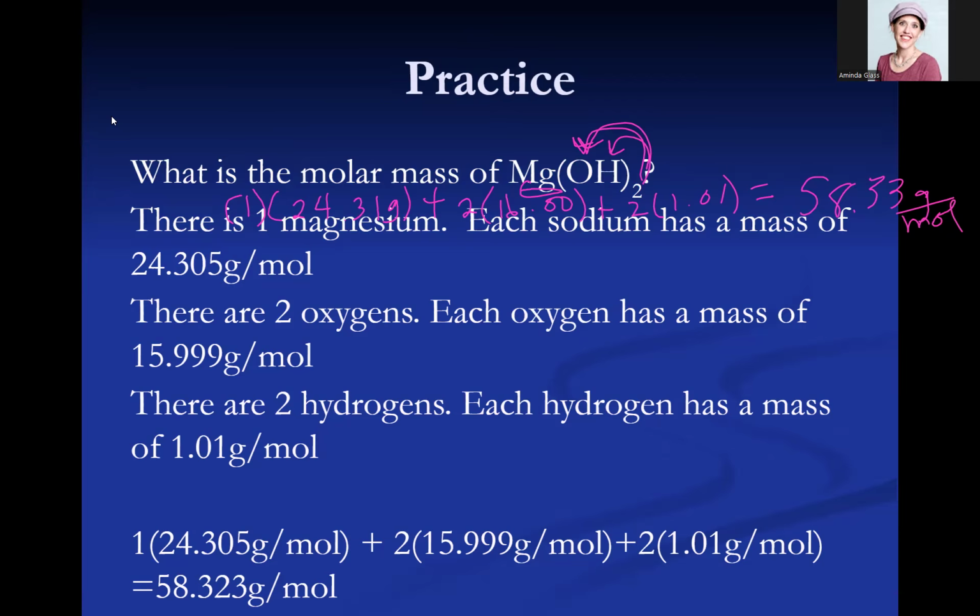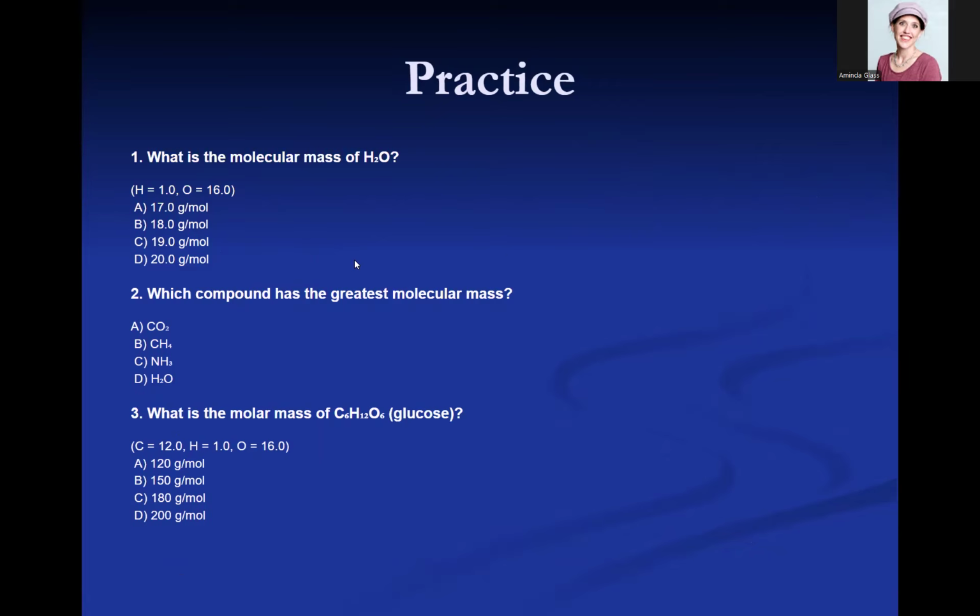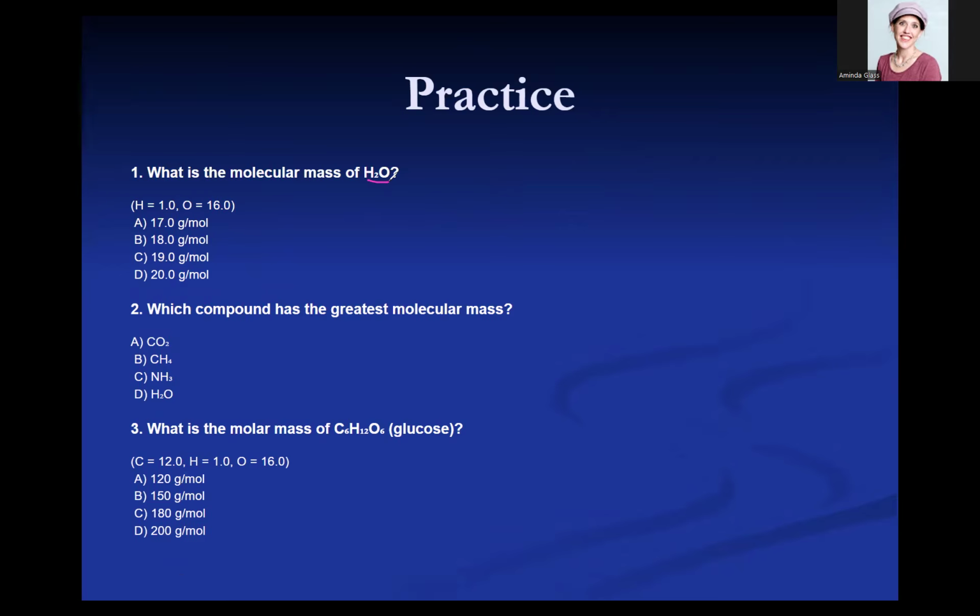All right, let's clear this. Okay, so let's do a practice problem. What's the molar mass or molecular mass of water? I want you to try each one of these and then come back and check your answer with us. So what's the molecular mass of water?